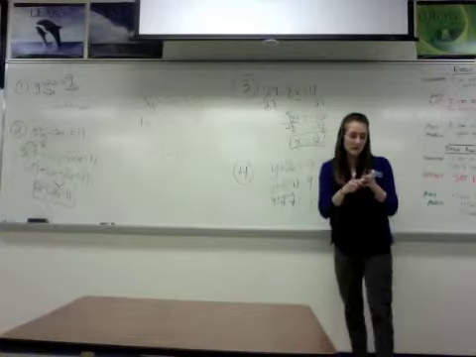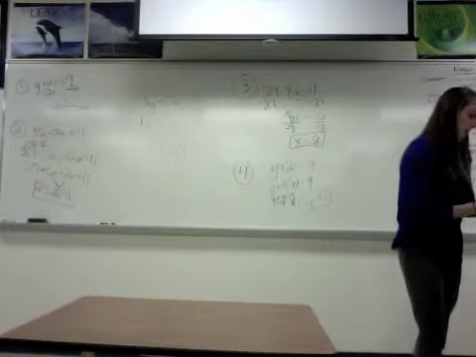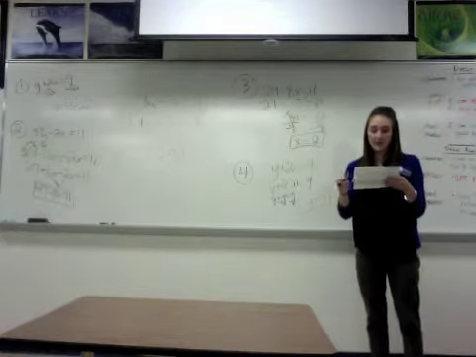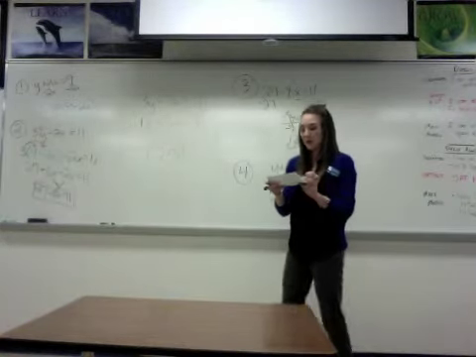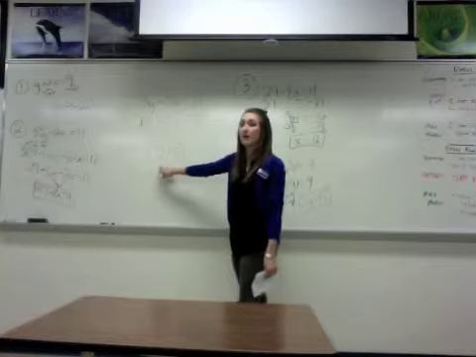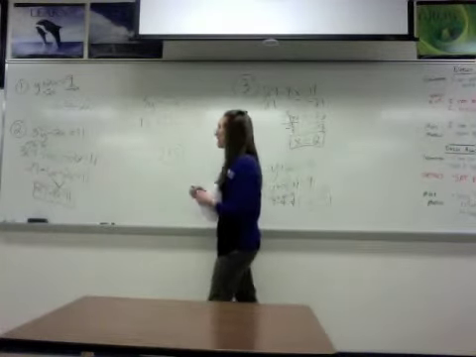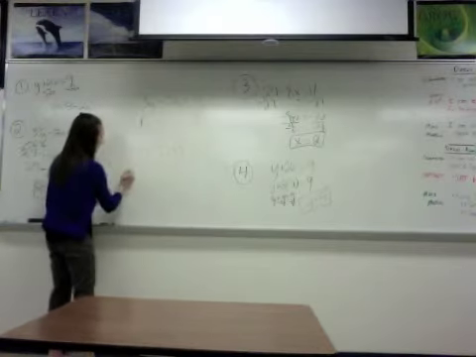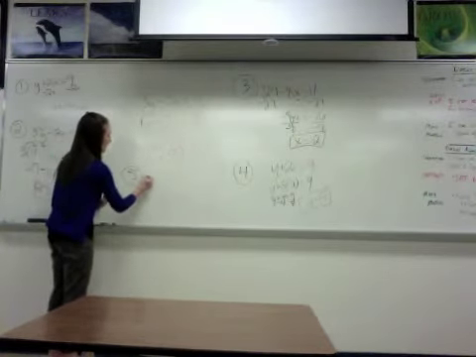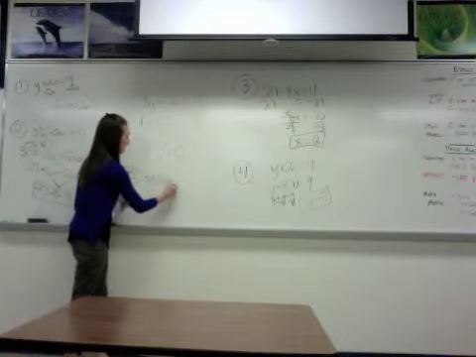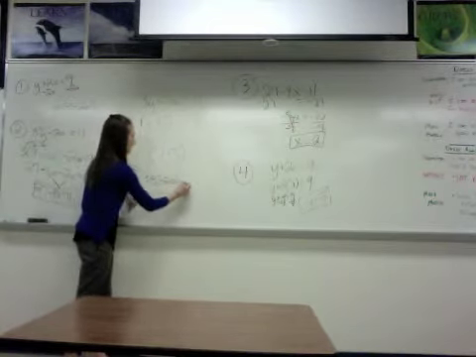Good job, guys. Step 5 is telling you to check it. So it says to plug this x that you found and this y that you found back into the original equations and see if they work. So we'll do that real quick. 3 times y, which is 5, minus 2 times x equals 11.